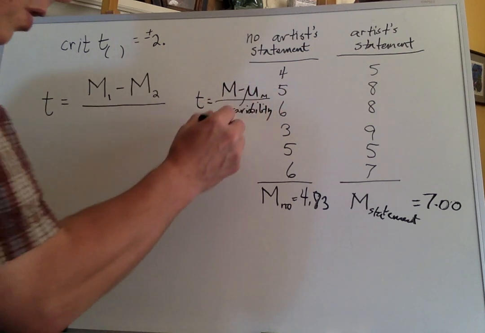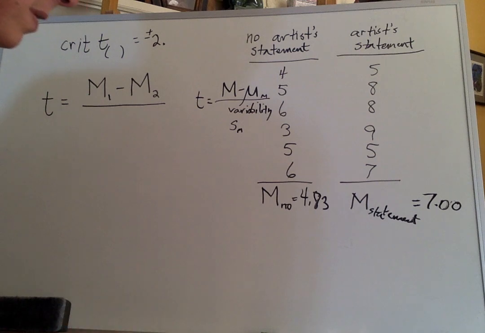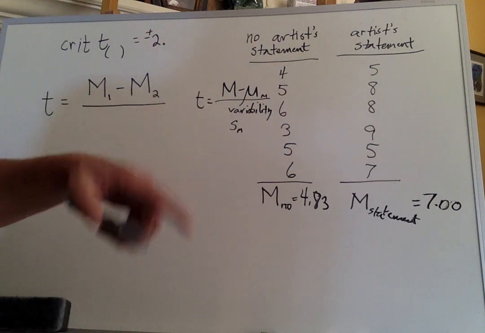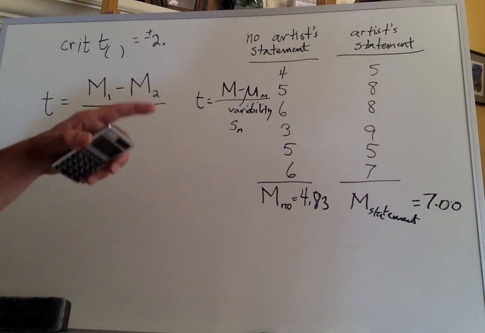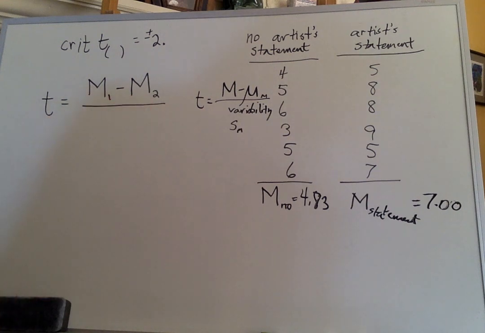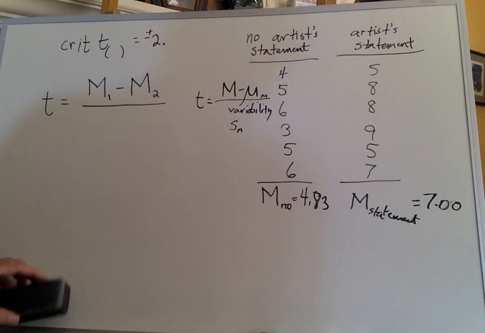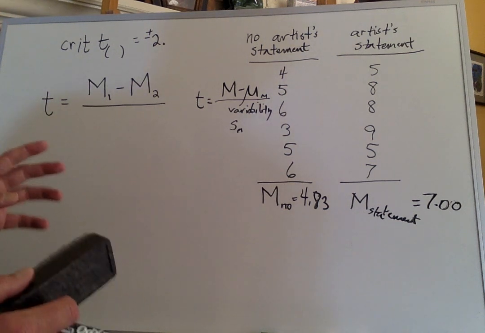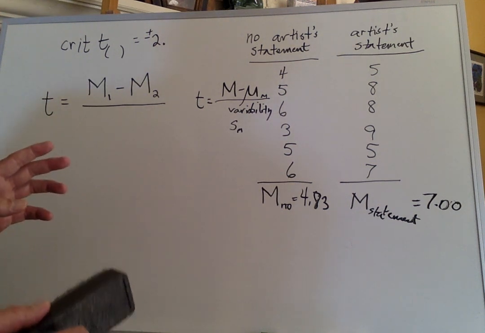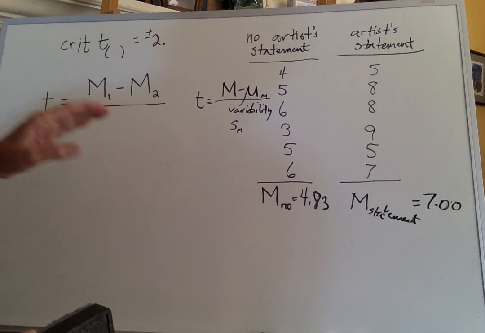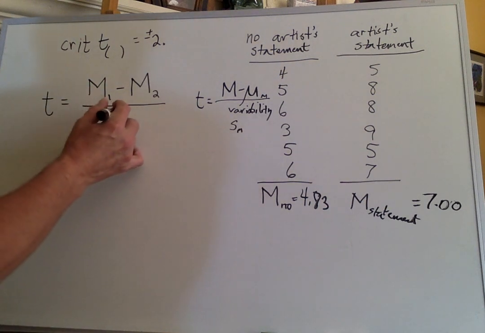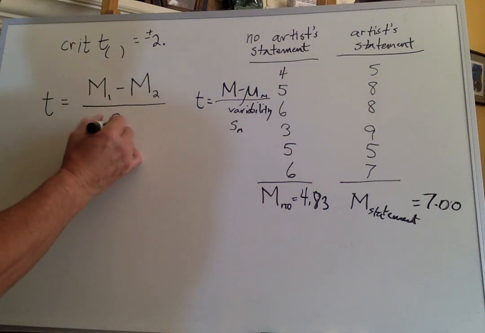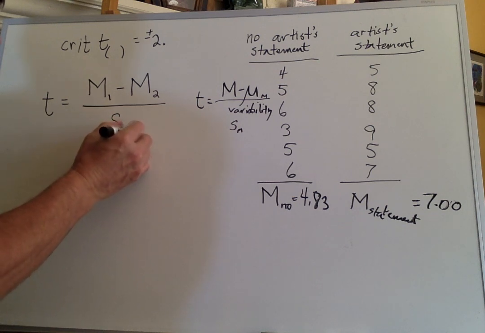As you recall, it was S sub M. The reason it was S is because we had to make a guess about what the variability was, an unbiased estimate, because we weren't given sigma. Well, we're going to do a similar thing here, and this is going to be S with a subscript M1 minus M2.